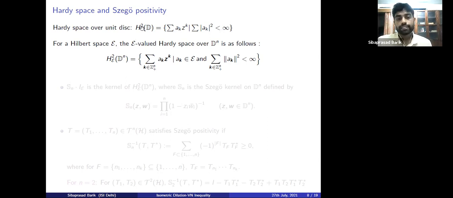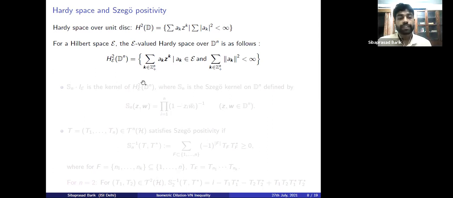Now generalizing this notion for a Hilbert space E, the E-valued Hardy space over the unit polydisc, denoted by H2(E, D^n), is the set of all convergent power series in n variables, where the coefficients come from the Hilbert space E, such that the coefficients are square summable.